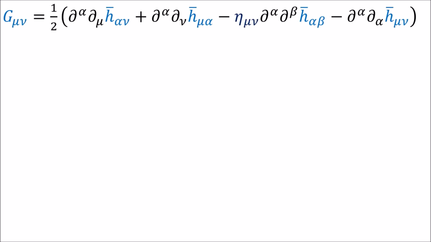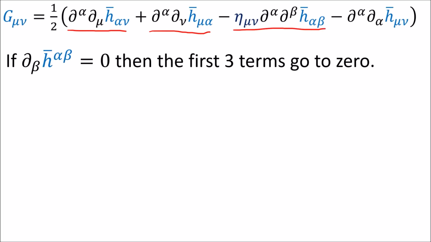So we need to prove that there's a coordinate system where these first three terms go to zero. It turns out that if we can find a coordinate system where the partial beta of h bar alpha beta with upper indices equals zero, these first three terms go to zero for free.